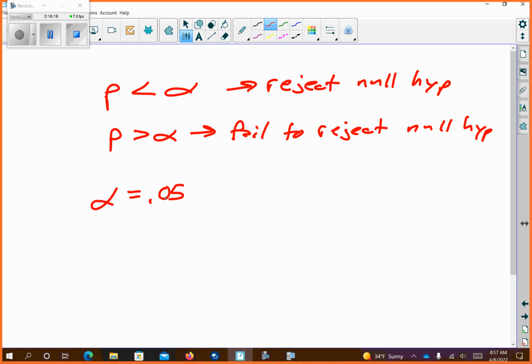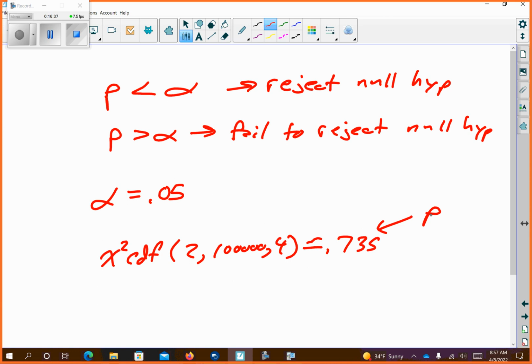The p-value that we found by plugging this in was about 0.735. So this is our new p-value. Is this p-value less than 0.05 or greater than 0.05?